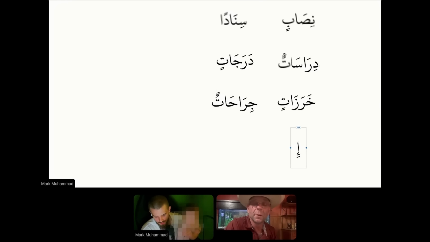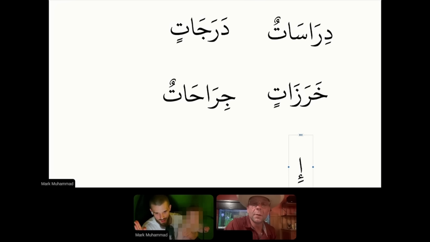Any word that ends like atun with this ta at the end, because I don't know if you remember, but there's two types of ta. So any word that ends with atun is a plural, and it's a feminine word.